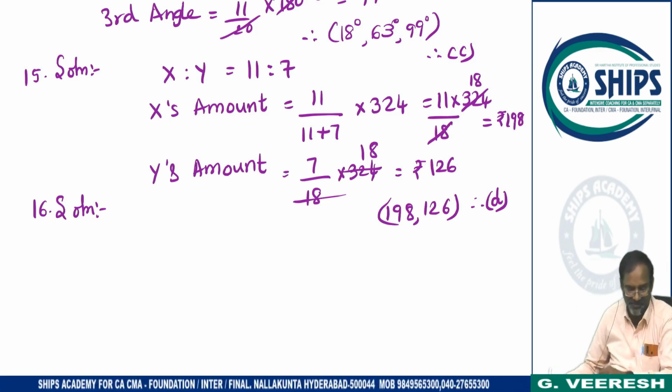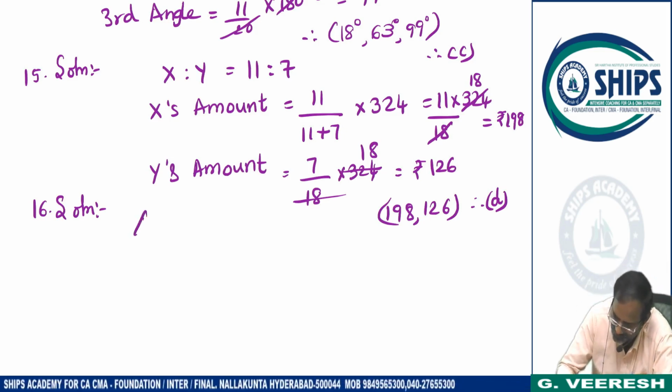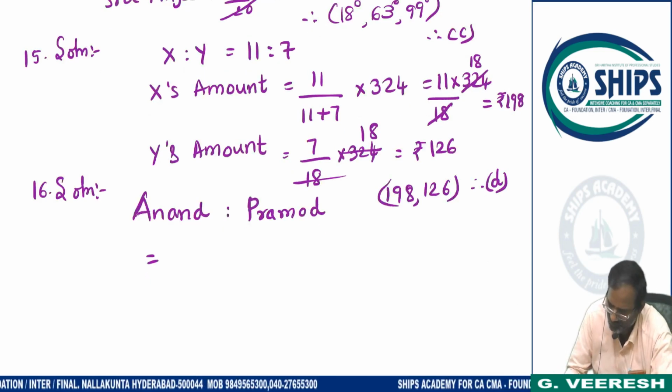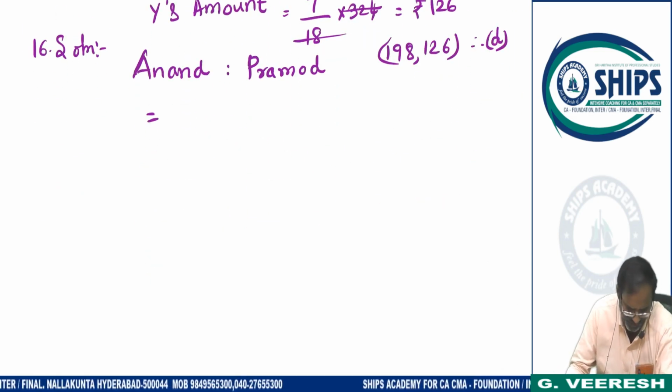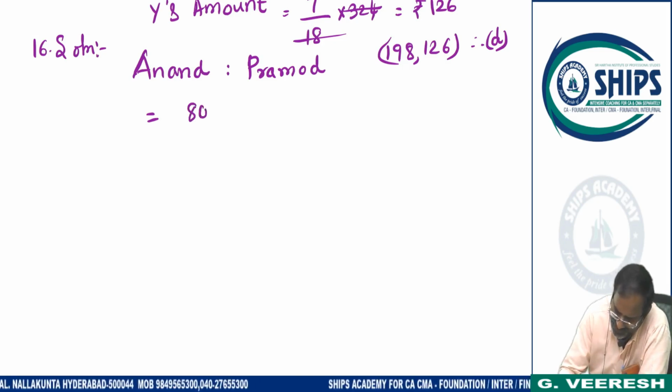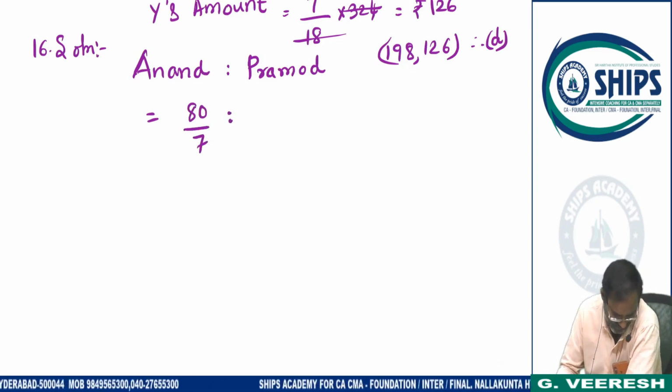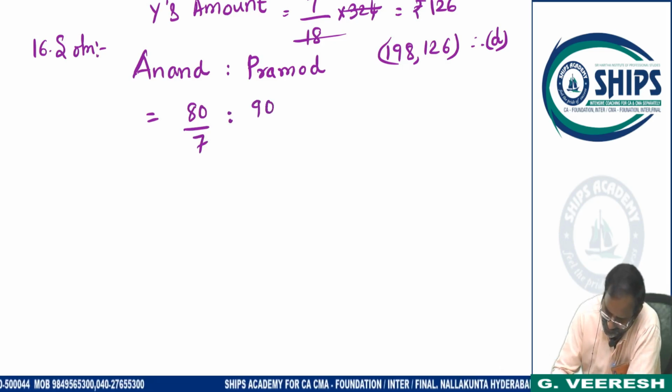So in 1 hour, how much will Anand and Pramod earn? Anand will earn 80 by 7, and Pramod 90 by 12. So what we have to do is cross multiply.